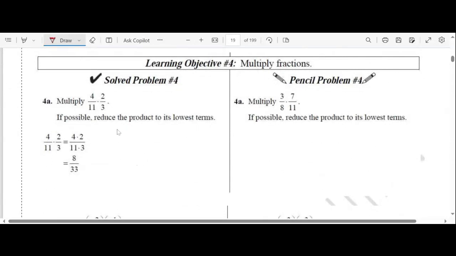All right. Here it says multiply fractions. Multiply fractions. 4 over 11 times 2 over 3. Okay. So I put 2 times 4. Can I cancel anything here? Cannot cancel, right? If I can, you will, okay?